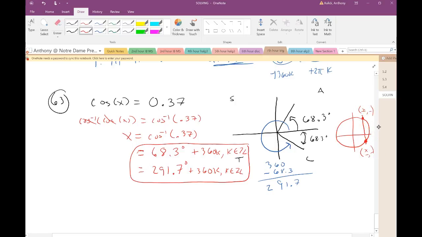So this is a second solution for that value of cosine. Almost always there's going to be a second solution. The only time where there might not be a second one is if you're dealing with like a quadrantal angle or something.